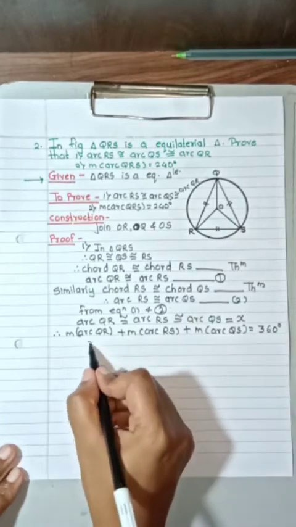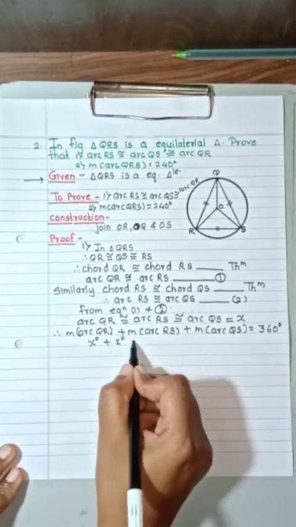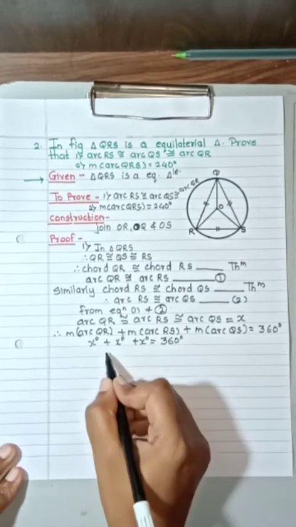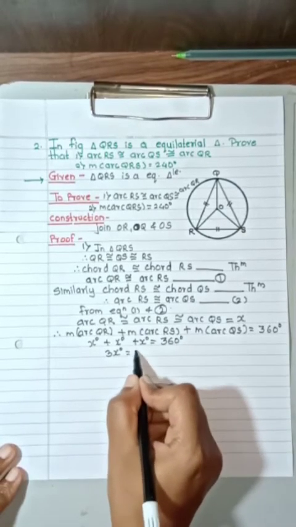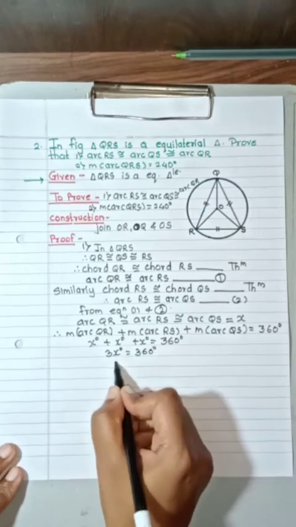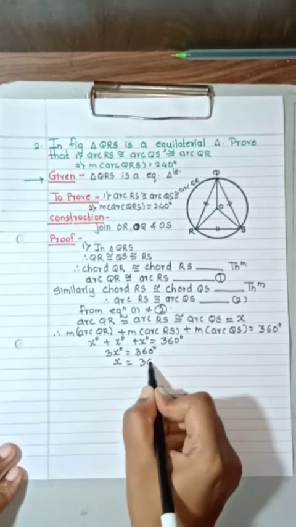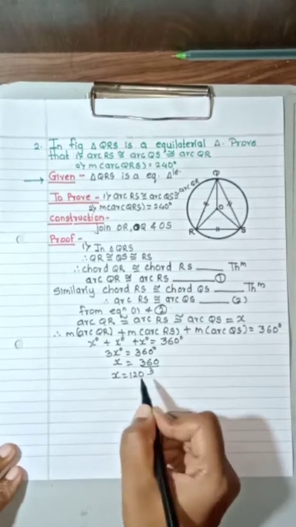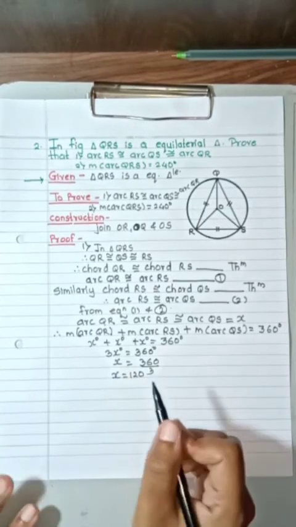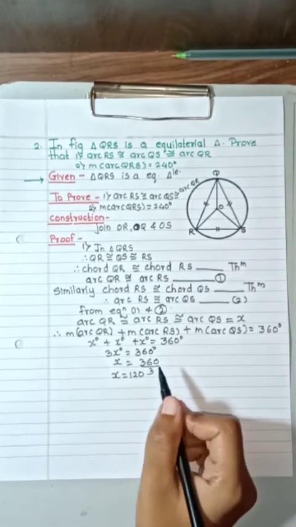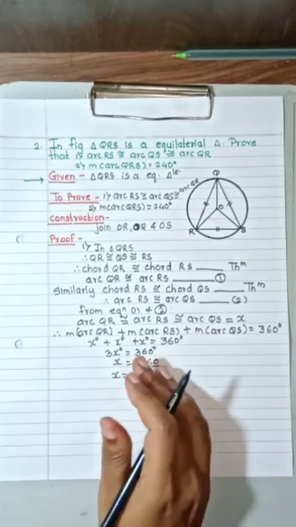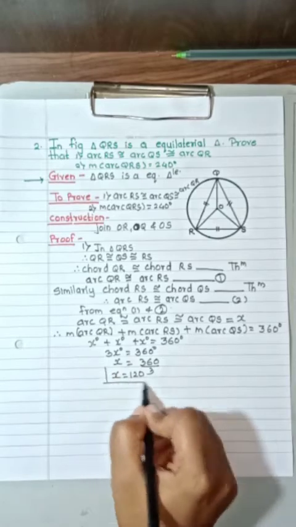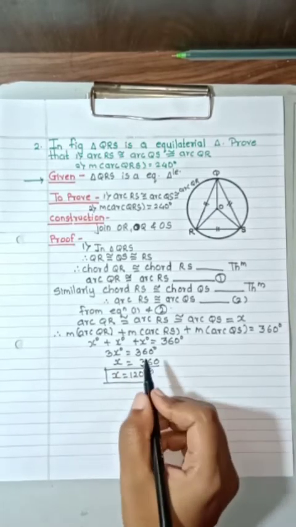Therefore x degrees plus x degrees plus x degrees is equal to 360 degrees. Therefore 3x is equal to 360 degrees. Therefore x is equal to 360 upon 3. Therefore x is equal to 120 degrees. So I'll put a box over here.